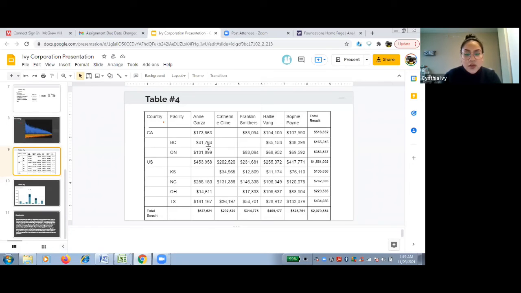And when it comes to our US facility, it is also Anne Garza that brings in the most revenue, with the most profitable facility in the US being our North Carolina facility, and the least profitable being our Kansas facility. You can see that the US brings more profit in per sales consultant than Canada in general.